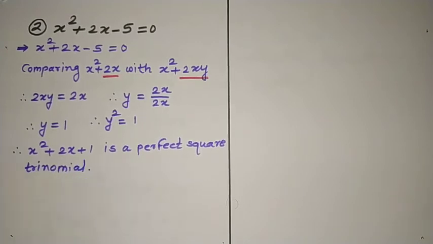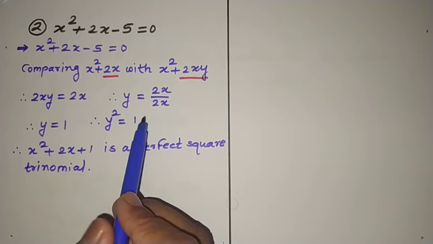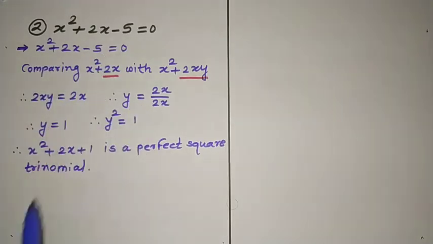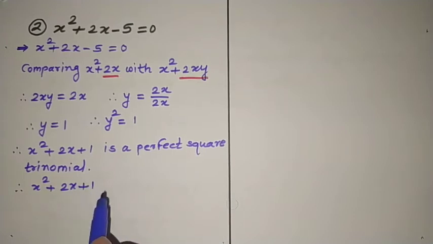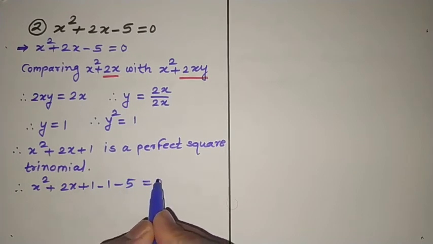Y square is equal to 1. Add 1 to this equation and subtract 1 on this equation. Therefore write down this equation: x square plus 2x plus 1 minus 1 minus 5 is equal to 0.